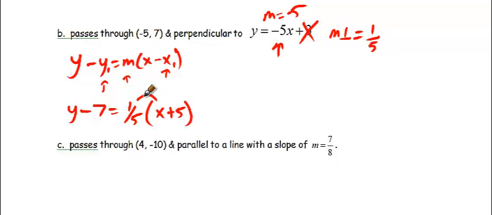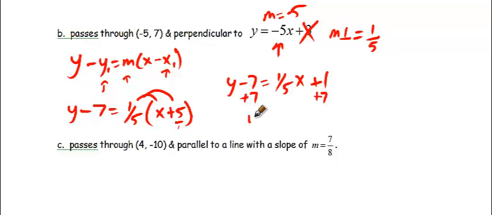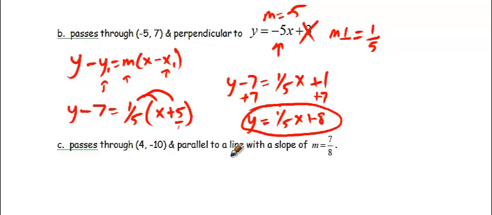From here we distribute. So y minus 7 equals 1/5 x, and then 1/5 times 5 is 5 over 5, or 1. And the last step is to bring the 7 over. So y equals 1/5 x plus 8. And that's how we write the equation of a perpendicular line.